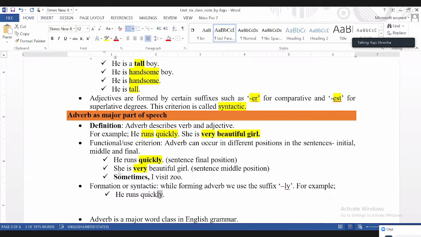So -ly is the suffix we add, and then we make an adverb. This is from the syntactic perspective, the functional perspective, and the definitional perspective. So these are the three different criteria and three different tests.